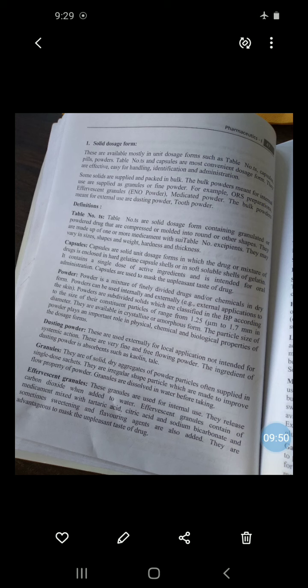First, tablet. So what is a tablet? It is a solid dosage form, also called a unit dosage form. It contains granulated or powder drug that is compressed or molded into a round or any other shape.